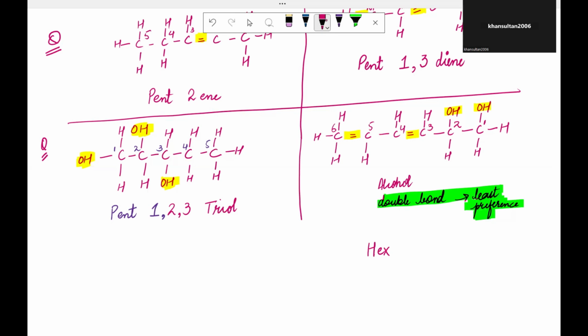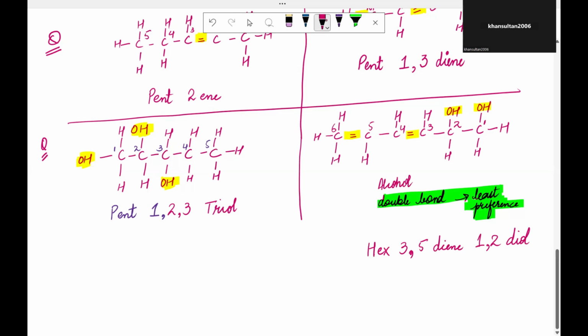It is present at this place and at this place. So it would be hex-3,5-diene, and then it's the turn for alcohol. It would be 1,2-diol. This is basically its name.